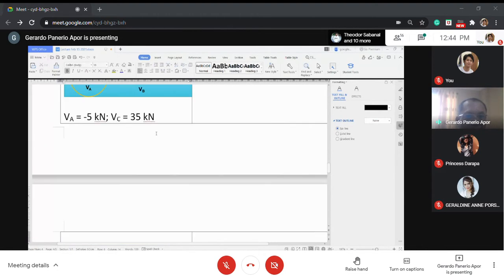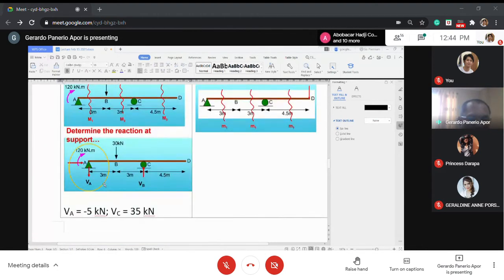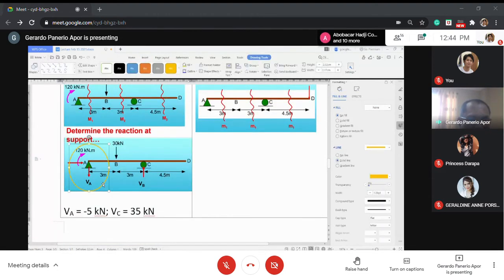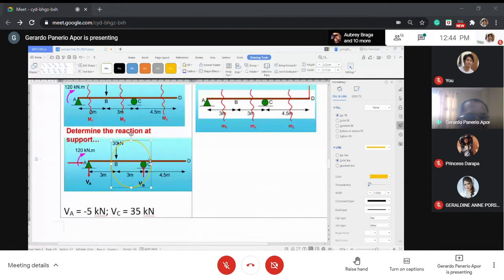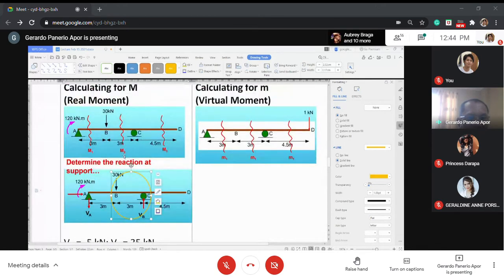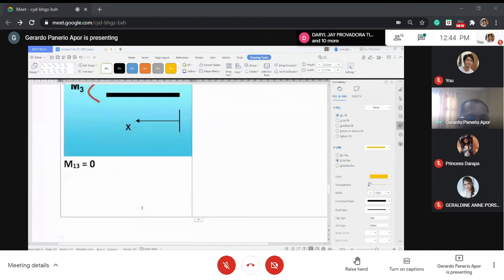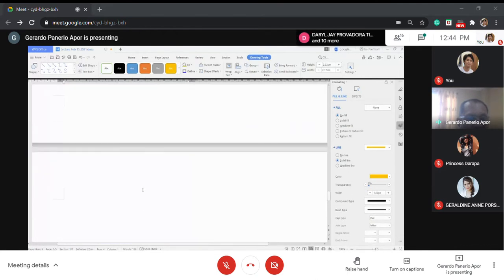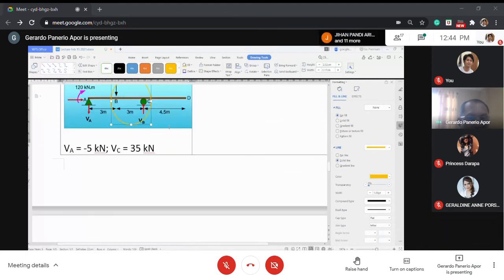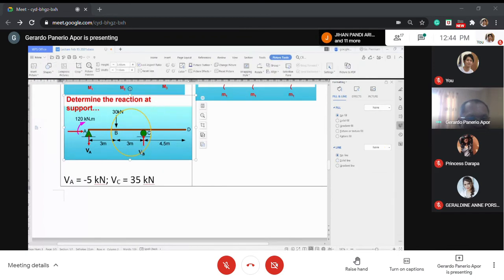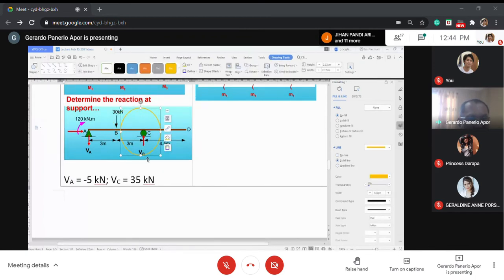Now, for M2, you need to consider that side. So again, in your cutting, I can consider the other side. This is what happened for member BC. The only load there is this one here, BD, which is 35.